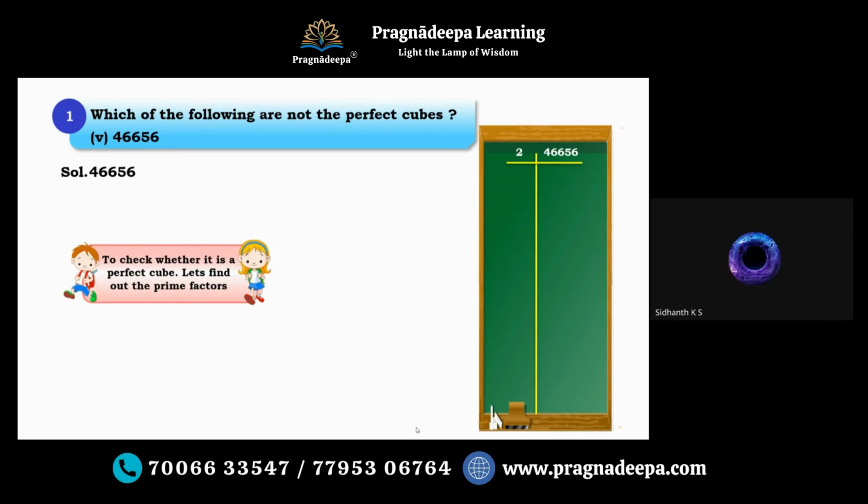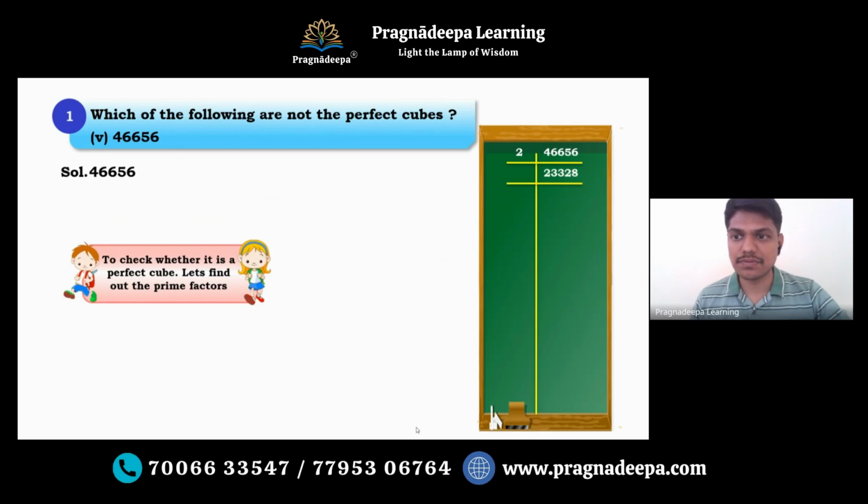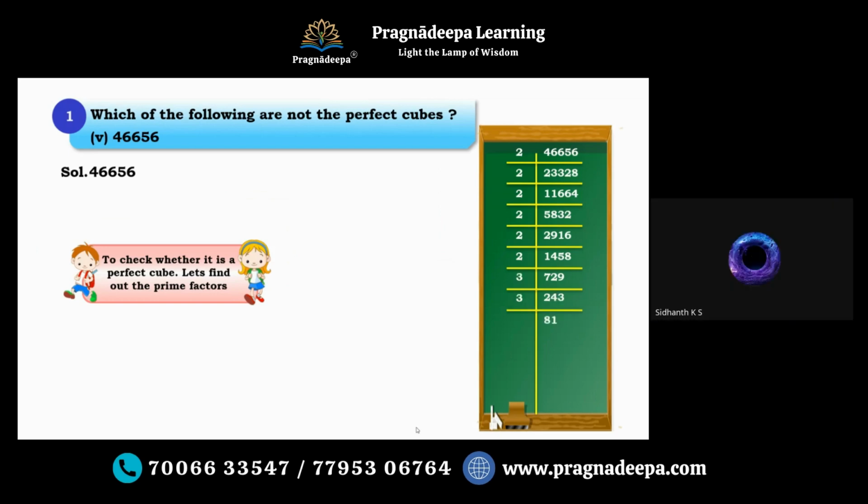Yes, sir. 23,328. Again it is divisible by 2. It's 11,664. Again, very good. It is 5,832. Again. Yes, again, sir. But now 729. Divisible by 3, again 3.